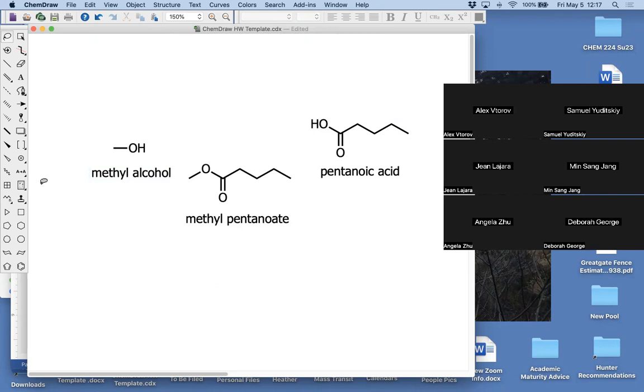But that's the same methyl. It's not continuing the name.